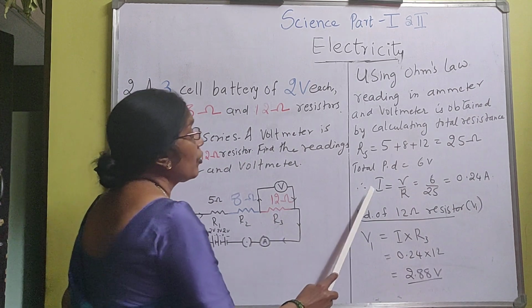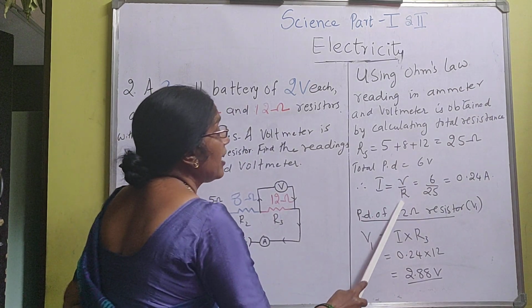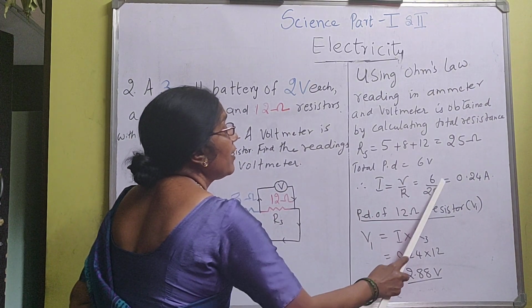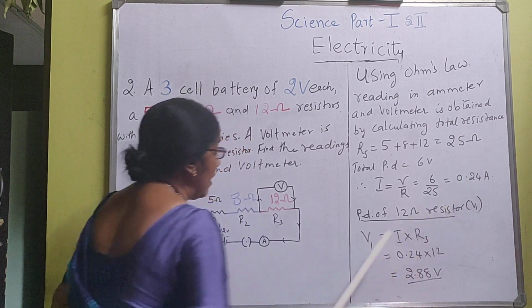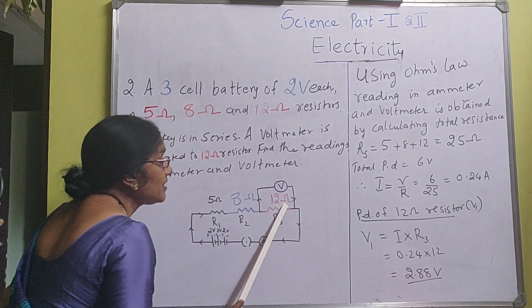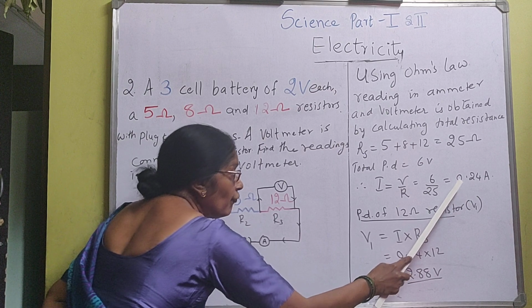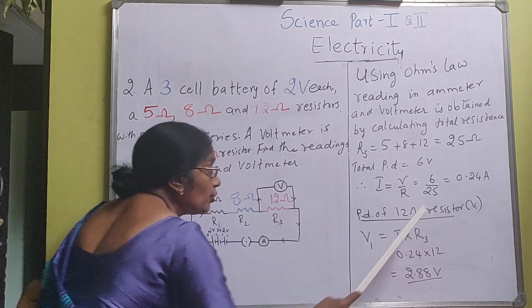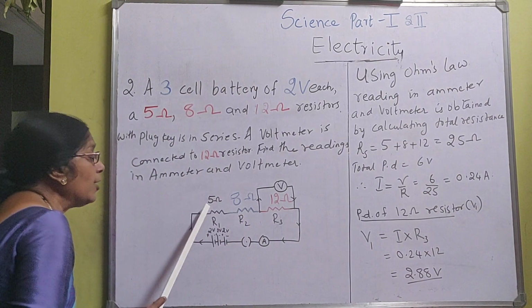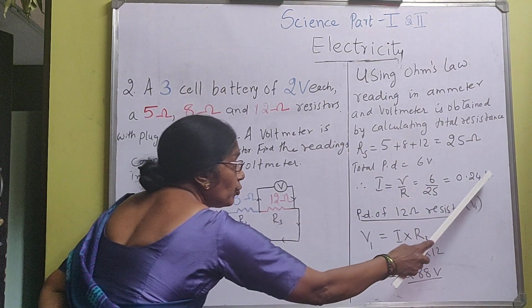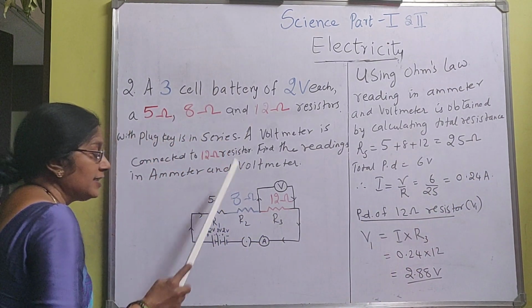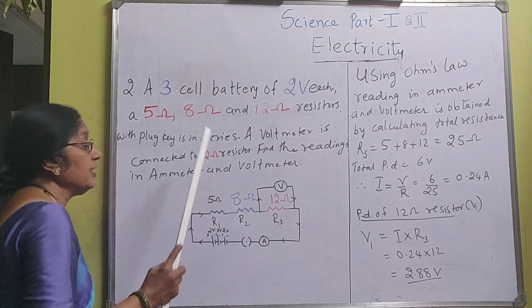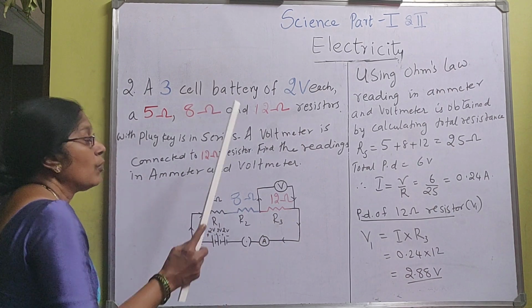It can be found out by taking I is equal to V by R is equal to 6 by 25 is equal to 0.24 ampere. So in the 12 ohm resistor the current is 0.24 ampere. Even in the 8 ohm resistor the current is 0.24 ampere, and even in the 5 ohm resistor the current is 0.24 ampere. Remember, in series the flow of current in each resistor is the same, constant.